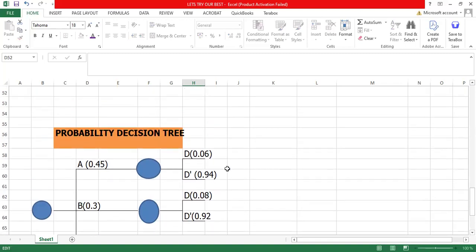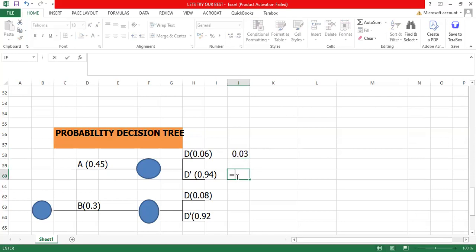The outcome, if you multiply, A producing defective will be 0.45 times 0.06.